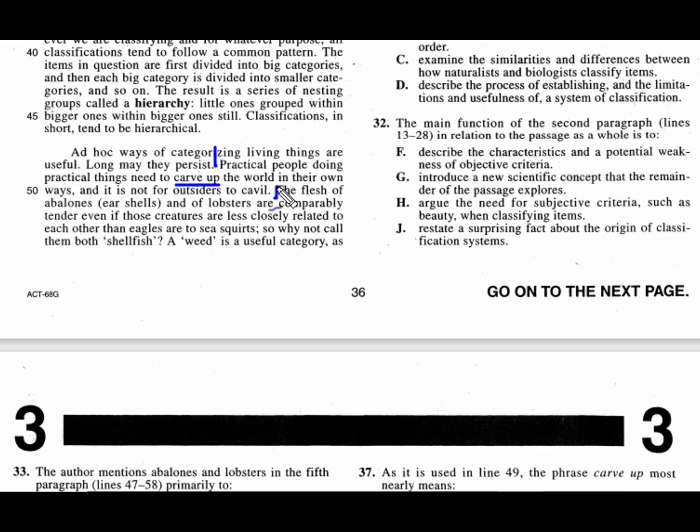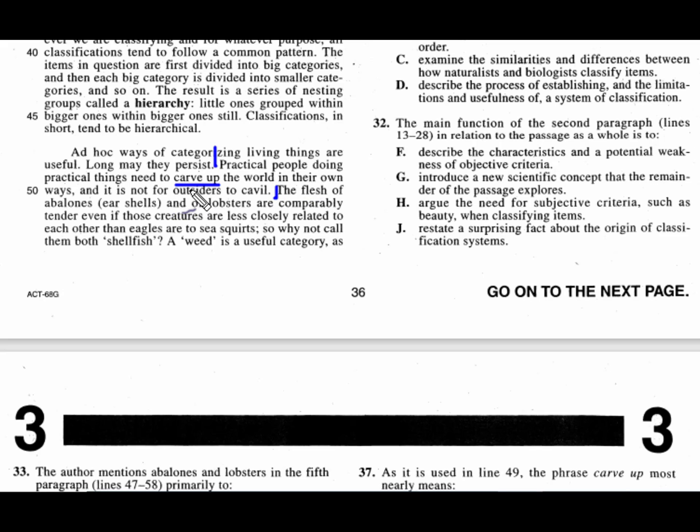And let's plug our answers in, all right? Answer choice A says gouge, all right? Practical people doing practical things need to gouge the world in their own way, okay? So carve up in your own way, okay?